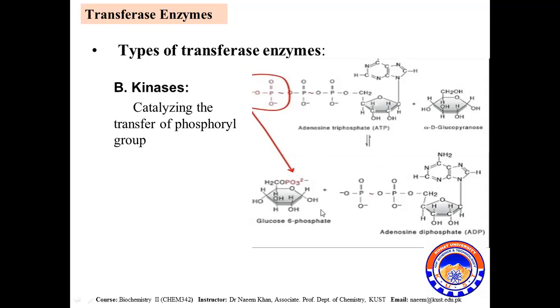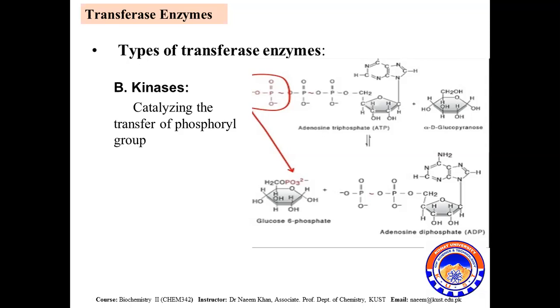In this reaction, what happened? There is a transfer of phosphate from ATP, one substrate, to glucose, another substrate. Such enzymes, which catalyze the transfer of a group like phosphate from one substrate to another, are called transferase enzymes, and this type of transferase, which catalyzes the transfer of phosphate, is called kinase.